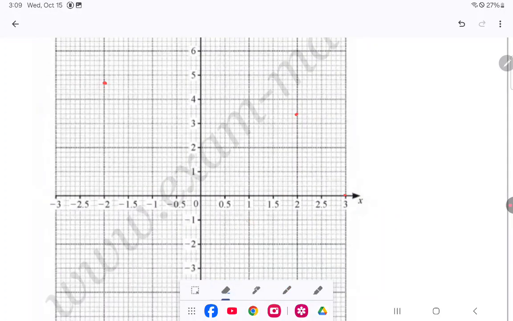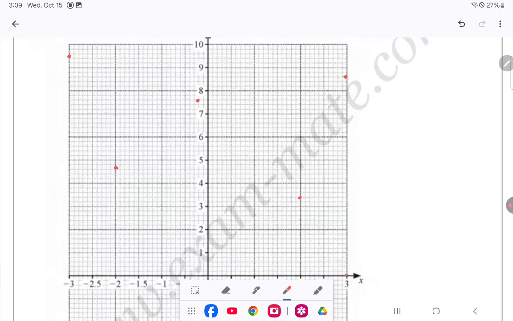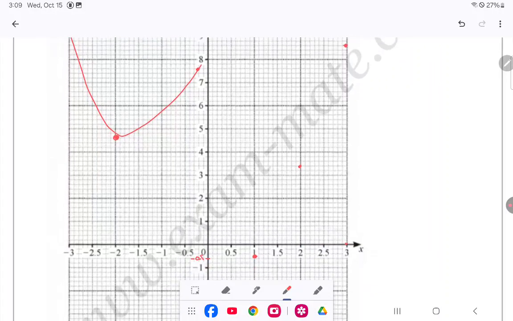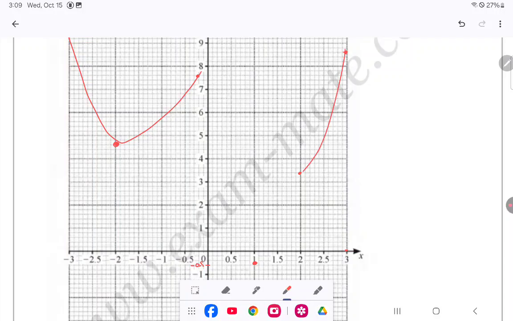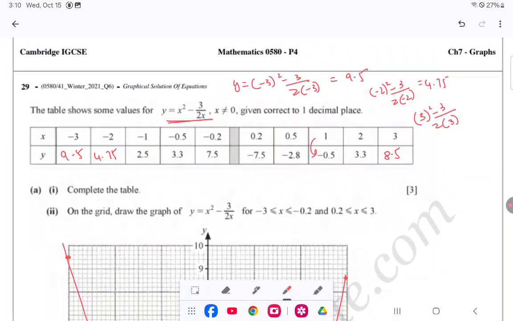This is the negative half right here. On x is equal to 1, negative half. And on x is equal to 2, y gives you 4.5 right here something, and negative 3 will give you 9.5. From these two graphs, and this is part B required to draw the graph, and we completed the table.